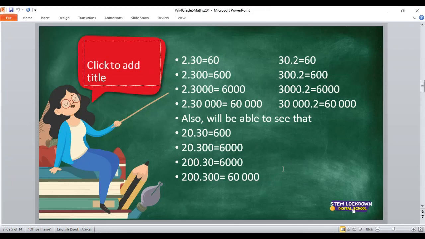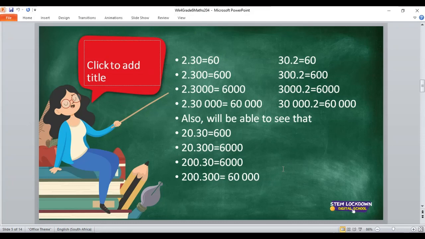And also, if you're looking at 2 multiplied by 300, without the use of a calculator, you'll be able to see that if 2 multiplied by 3 is 6, then definitely 2 multiplied by 300 should give us 600. And 300 multiplied by 2 should still give us 600 because we are using the same factors, they've just swapped places.